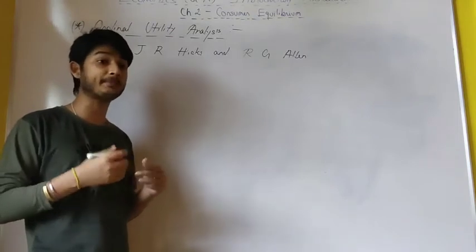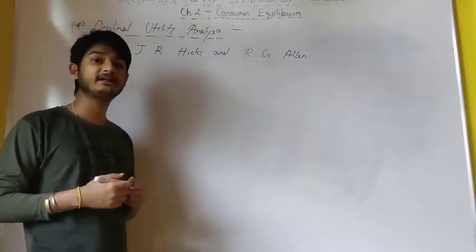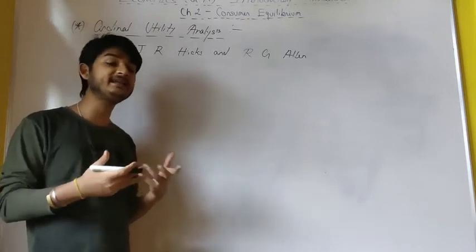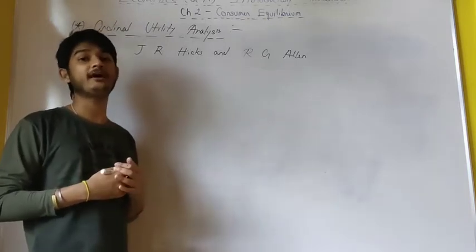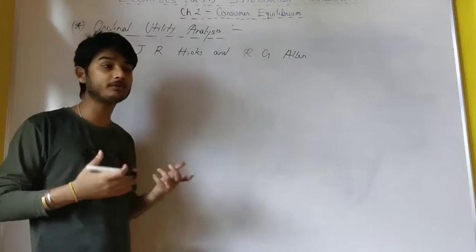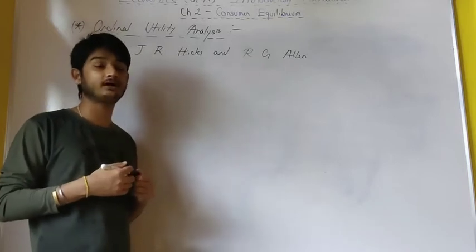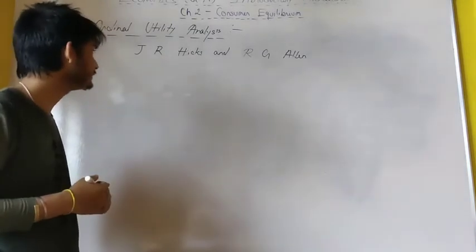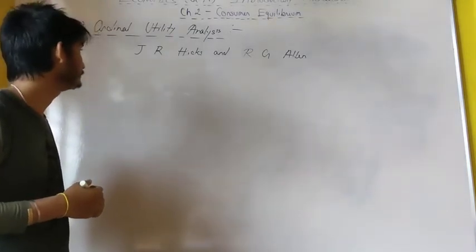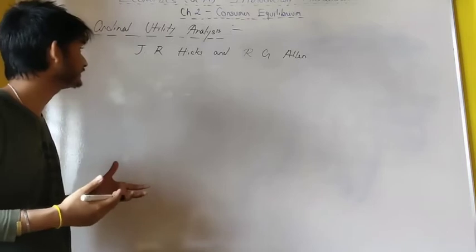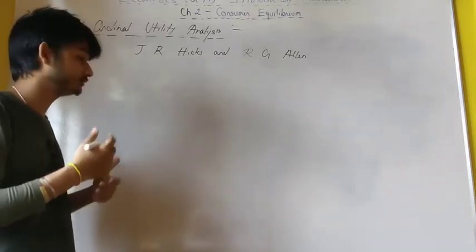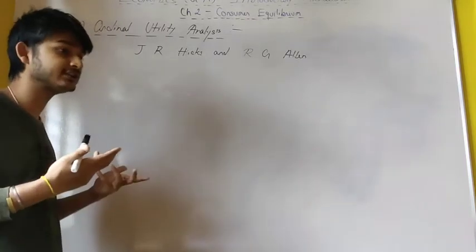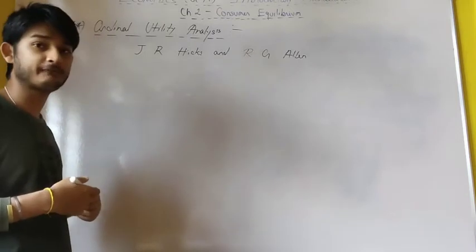that is, utility cannot be measured in absolute terms. Rather, utility is entirely a psychological phenomenon and we cannot measure it in terms of absolute numbers. How can we measure our own satisfaction in terms of a few numbers?